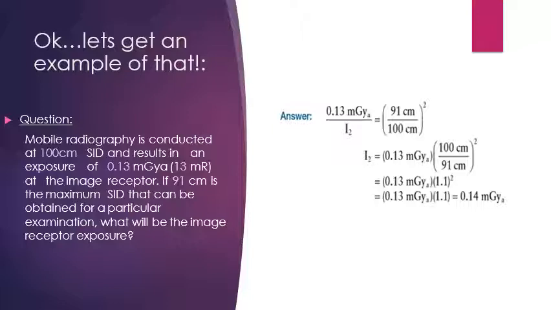Then intensity 2 equals 0.13 milligray times 1.1 squared. And then 0.13 milligray times 1.1 equals 0.14 milligray. So our intensity 2 equals 0.14 milligray.